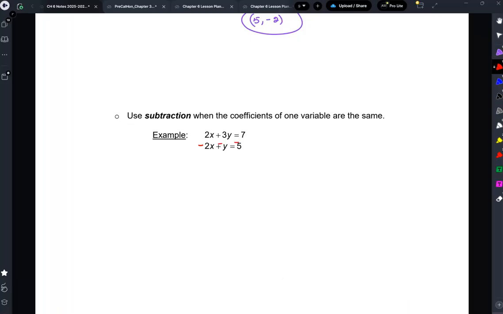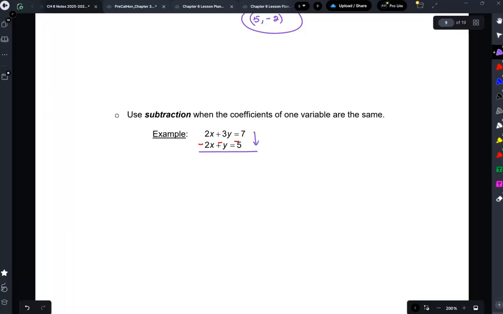Plus becomes minus, minus becomes plus. Now, again, I'm going to go this way, right? So 2x minus 2x goes away. 3y minus y is 2y equals 7 minus 5 is 2. Divide by 2, divide by 2, y is 1.